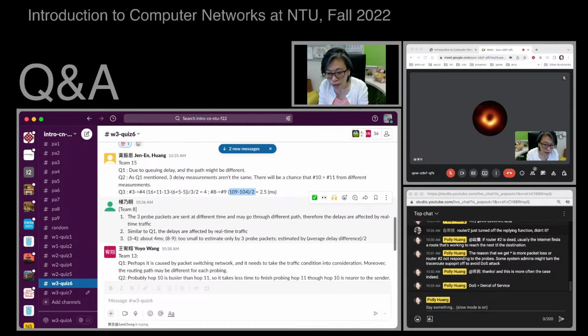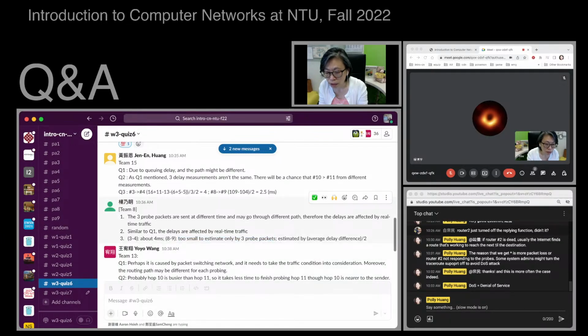Let's see if we get the same thing. Oh, interesting. Team A here, for the delay between hop 3 and hop 4, Naiming came up with something very similar to Zheng'en. But for the delay between hop 8 and 9, it's too small to estimate only by 3 probes.